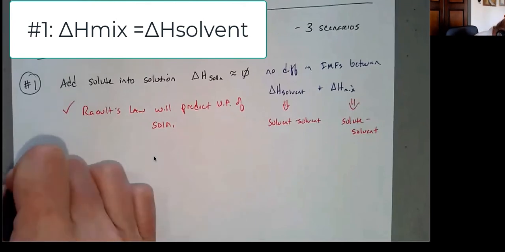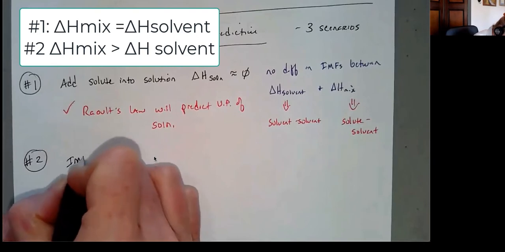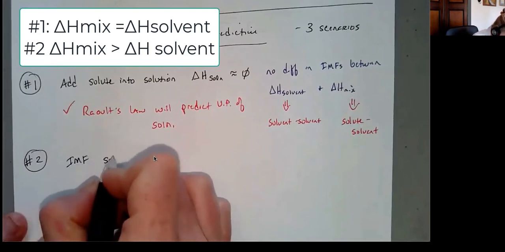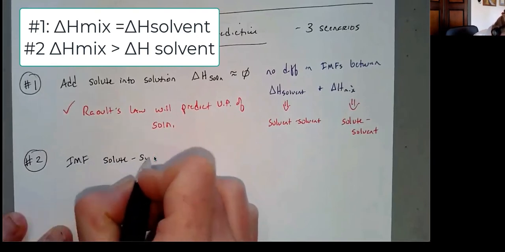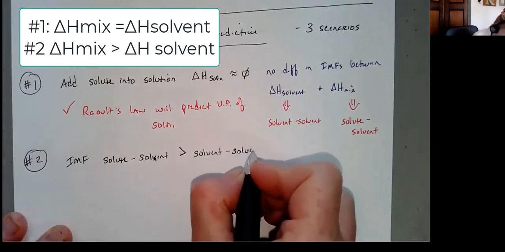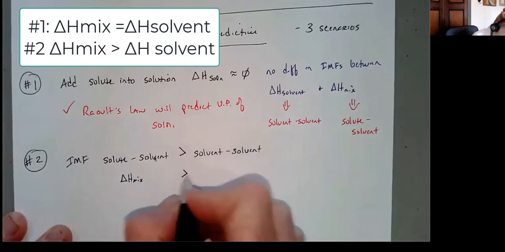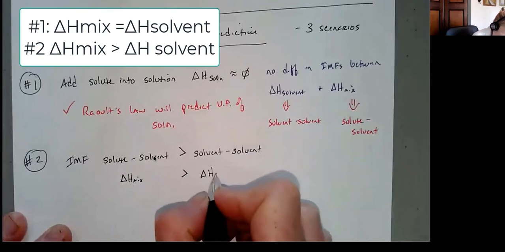Scenario number 2 is that my intermolecular forces between my solute and solvent are greater than my solvent-solvent forces, right? So now my delta H of mix is greater than my delta H of my solvent.